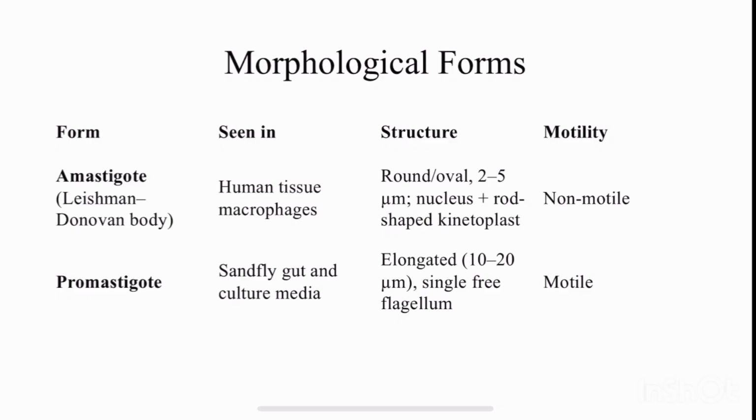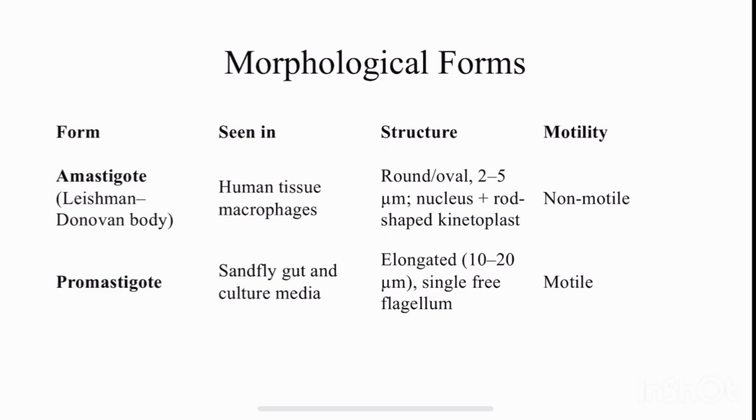The amastigote form exists in the vertebrate part of the cycle. You will see the amastigote form in human tissues and in macrophages. Human tissues such as spleen, liver, and bone marrow, and also in the macrophages or cells of the body, you will find the amastigote form. This amastigote form is round or oval in shape, 2 to 5 microns in size.